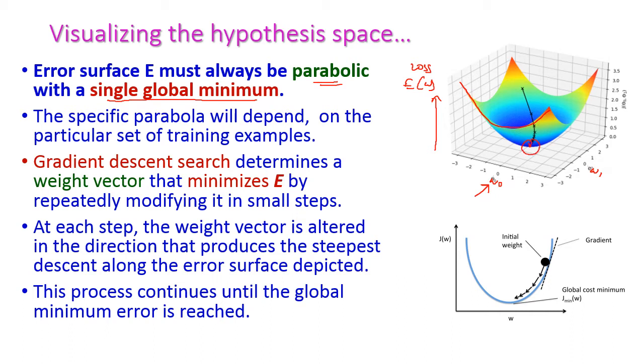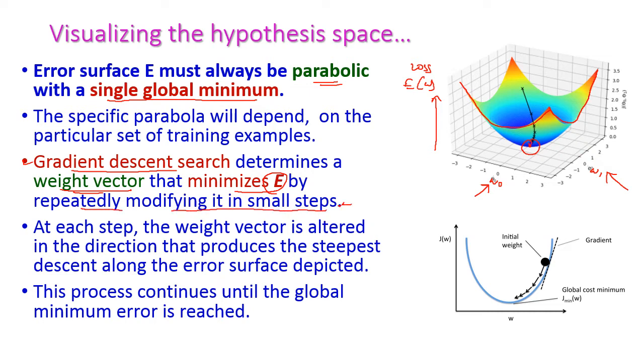Otherwise, if we see this hypothesis space from this W1, again we will see the same parabola. Here the gradient descent search determines the weight vector that minimizes this error E by repeatedly modifying it in small steps.